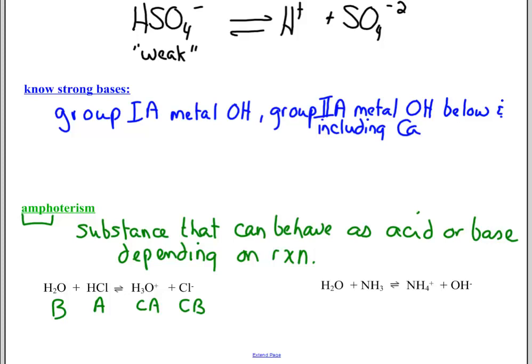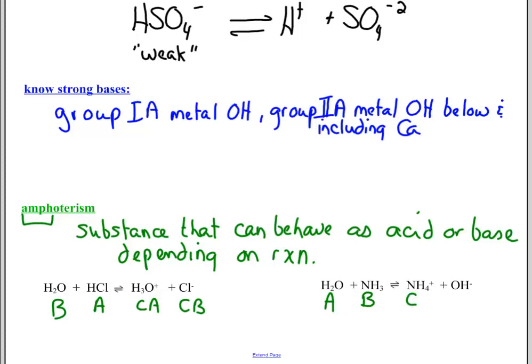If we look at this reaction on the right, we have water reacting with ammonia. And in this case, water is giving up its hydrogen to form the hydroxide ion. So when we have something giving up a hydrogen or donating a proton, it is assigned the term acid. Our ammonia molecule becomes the base because it's accepting that proton. We have the ammonium ion that's formed because it accepted the proton.